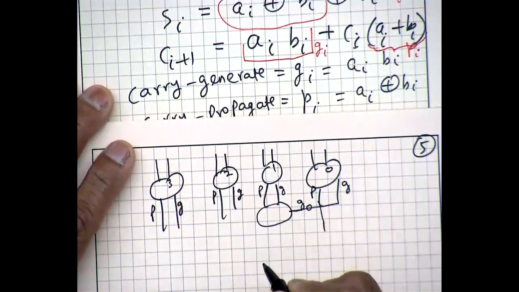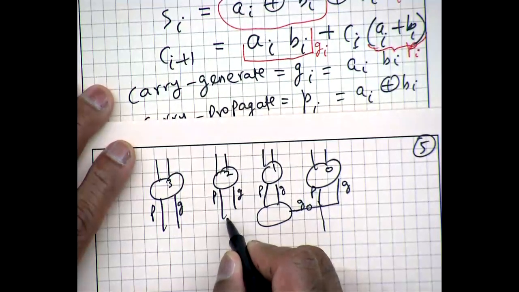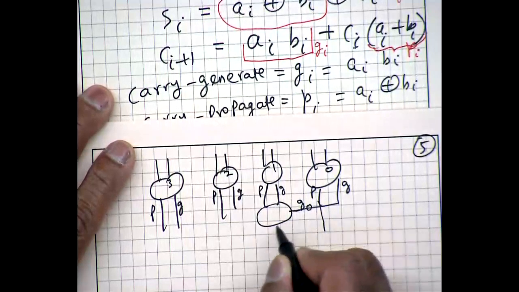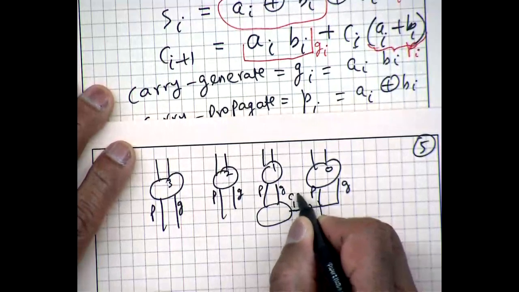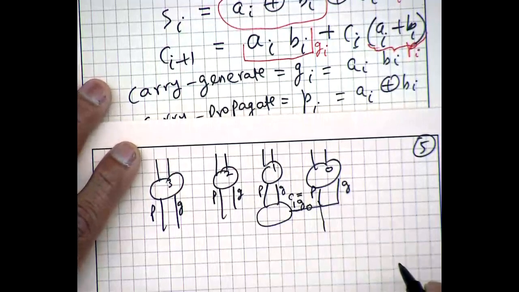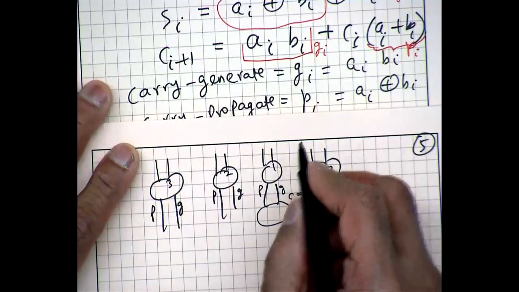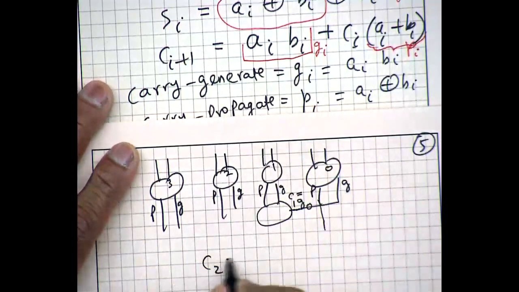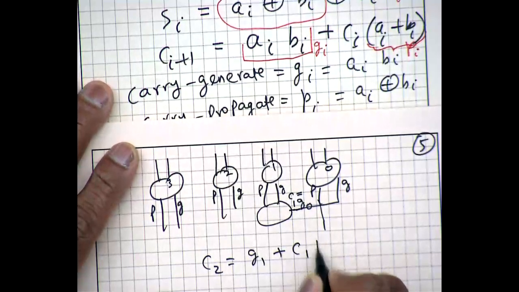Carry 2 is going to be equal to G1 plus C1 times P1.